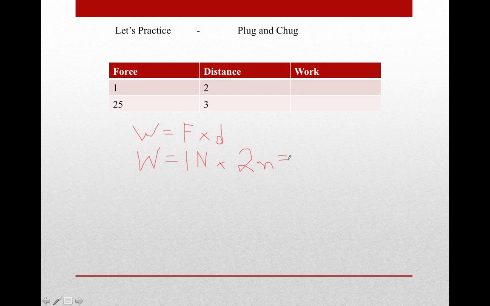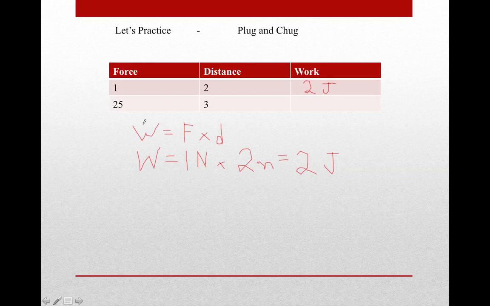As you know, 1 times 2 is 2. My units for work, let's remember, joules. So let me write that in a row. 2 joules. So you just multiply them times each other.